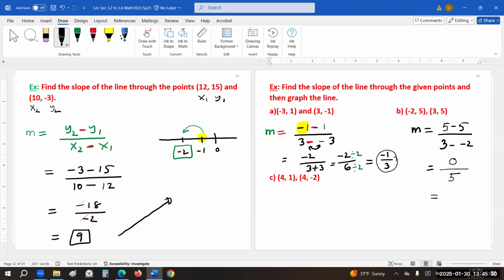So 0 divided by any number that is not 0 is always 0. So if 0 is on the top, our answer is always 0. If you forget, think about my money problem. You have $0, you're dividing into whatever you have in the denominator. How much do you have? Still nothing.